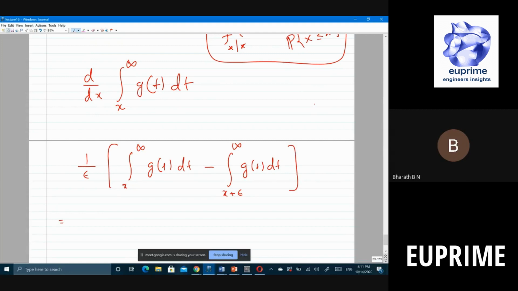That is how you find the derivative. So this is 1 by epsilon times the integral from x to x plus epsilon of g of t dt. Now this goes to, for example, g of x.